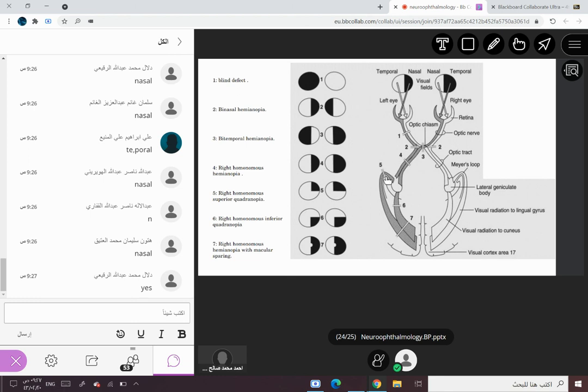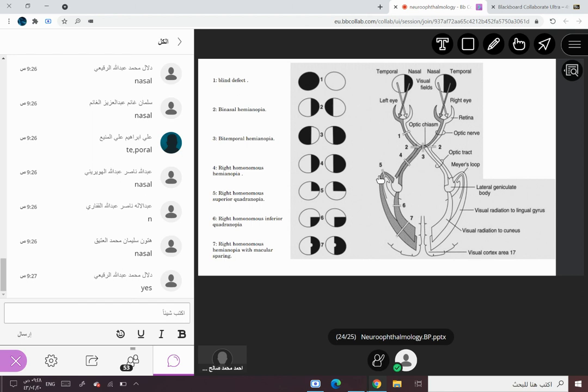When you move to the next example, we will have a right homonymous superior quadrantanopia, which some call pie in the sky. Pie in the sky means there is a location of the affected side in the left Meyer loop. A Meyer loop lesion will lead to right homonymous hemianopia.